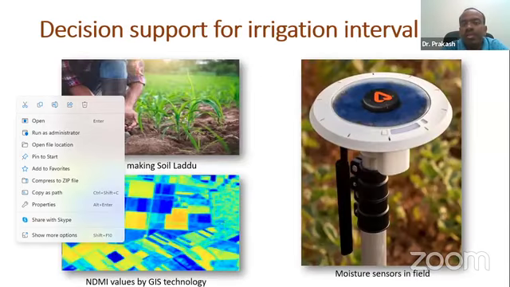It is a decision support tool for deciding irrigation interval. Earlier I spoke about this slide. You go into the field, take the soil from the root zone, make a ball from the soil, and throw that ball in the air.